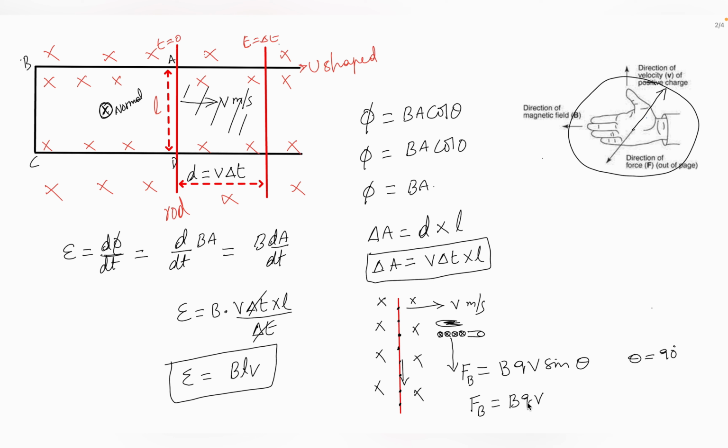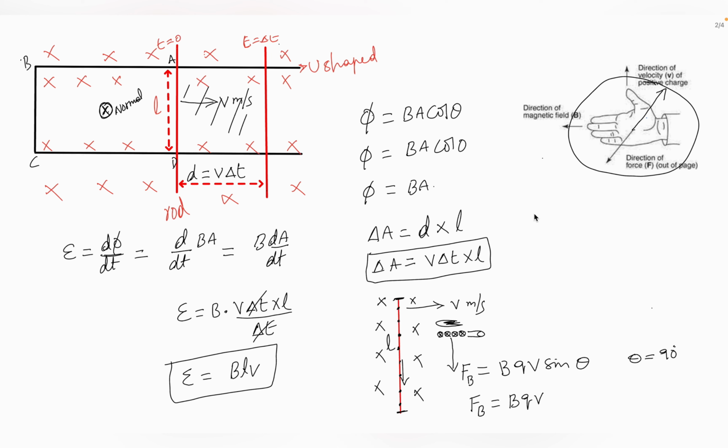So now this force is doing some work on these charged particles to move them from one end of the rod to the other end of the rod. So our length of the rod is how much? It is L meters.